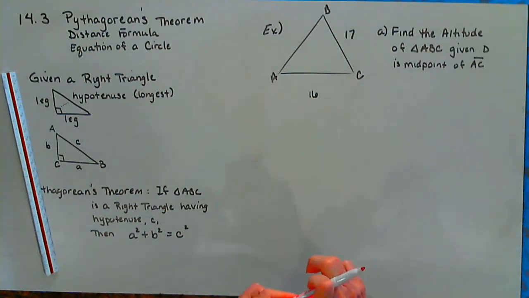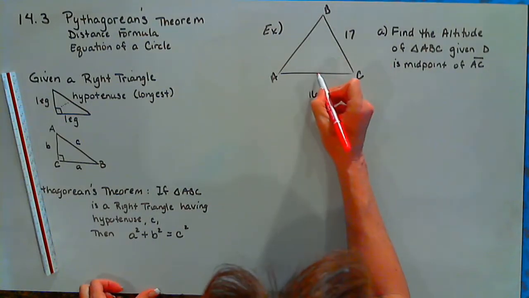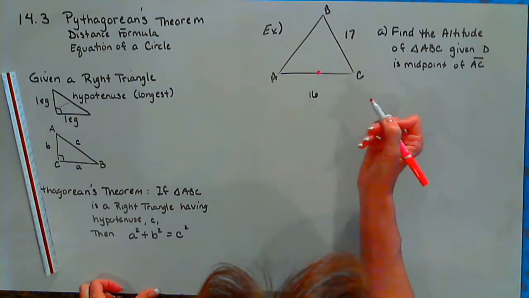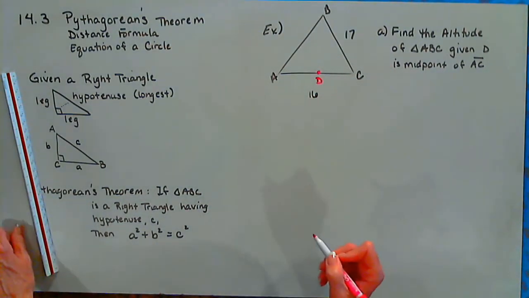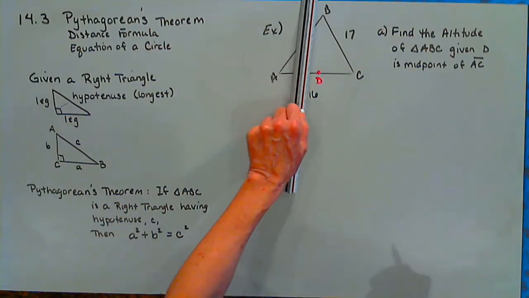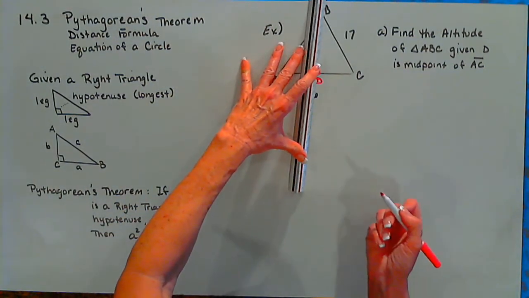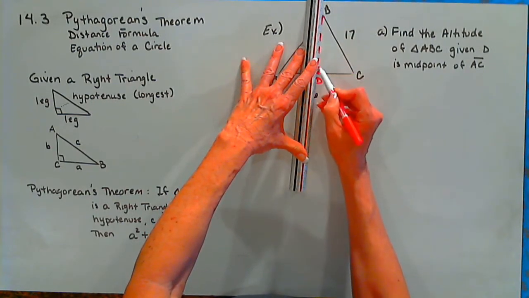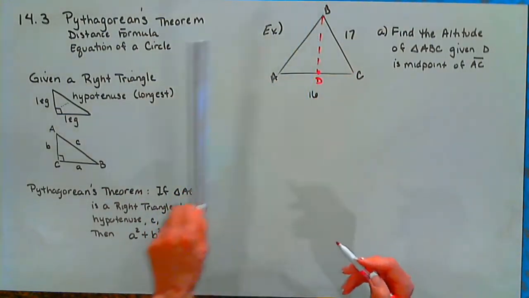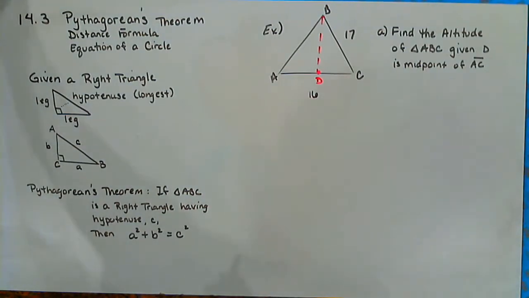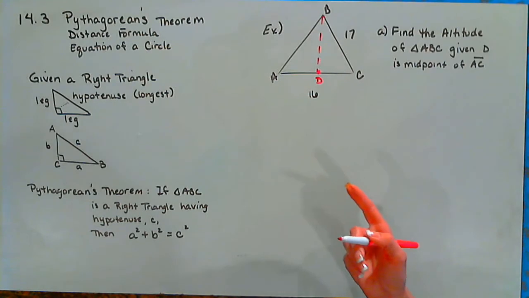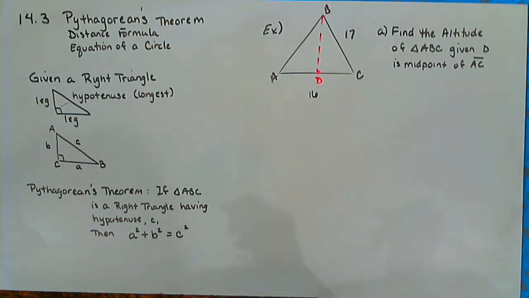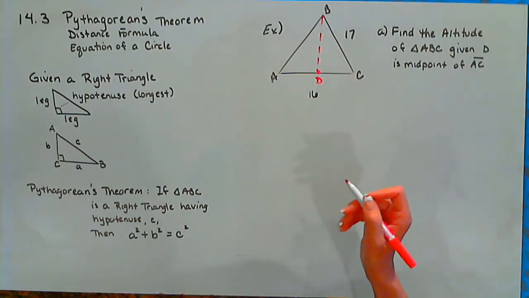So the midpoint is roughly right about here. It's a little bit off, but I'm going to call that D. Of course, we now know how to construct a midpoint. The altitude is also called the height. But the altitude goes from any vertex to the opposite side and is perpendicular to the opposite side. It is not always the midpoint. I'm just giving you that in this case it is the midpoint.